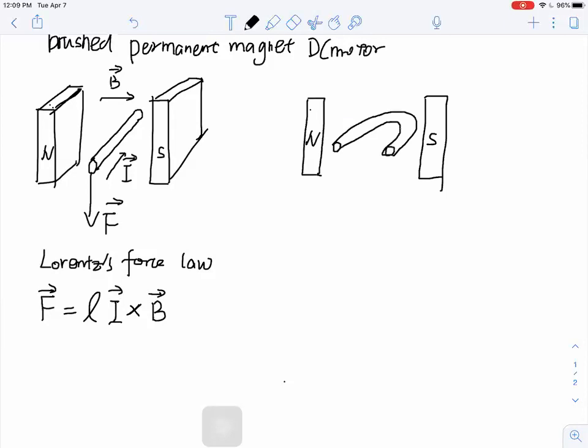Let's call the center point O, and the distance from the center to each side of the loop is d. And now the force generated in this magnetic field is going to be, one side pointing up, the other side pointing downward.